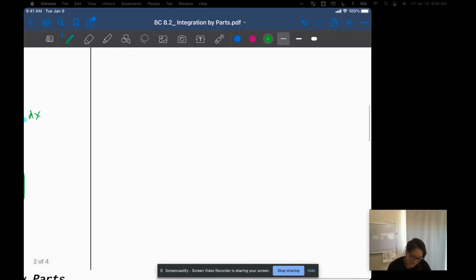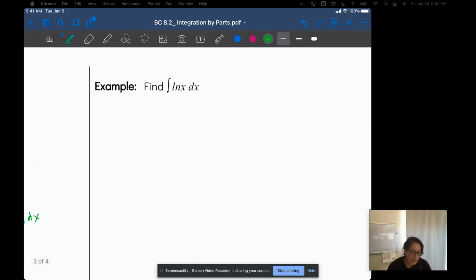Yay. Next, find the integral of ln of x. Again, we don't know the integral of ln of x. So we don't have a basic rule. Let's see if we can do this by integration by parts. Another thing that I see here is that we don't have a product. So I know I can't take the antiderivative of ln of x, so I'm going to make ln of x equal to u.